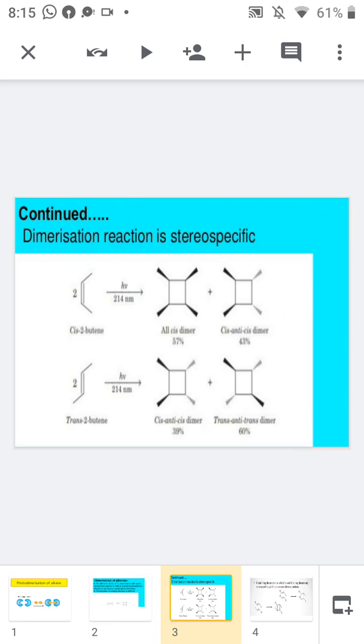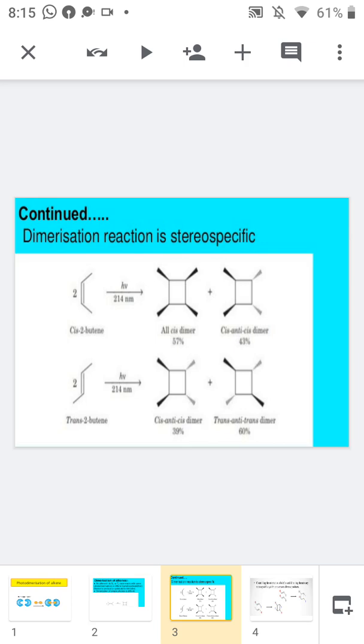So what is the difference between the cis dimer and cis-anti-cis dimer? Cis dimer means the two butenes are combined in the same fashion, so all the substituents are in the cis position and all the substituents are on the same plane.